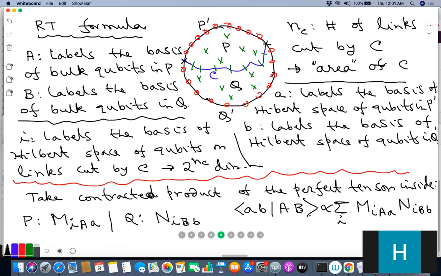Naively, should we not expect that if the bulk states in P and Q are product states, then even the boundaries would be product states? Yeah, but it is not, right? And that's because of the entanglement across the link.